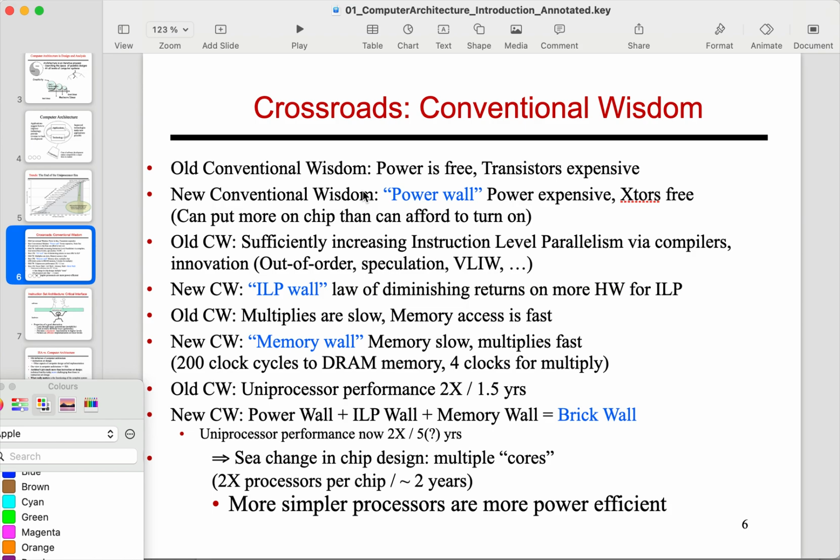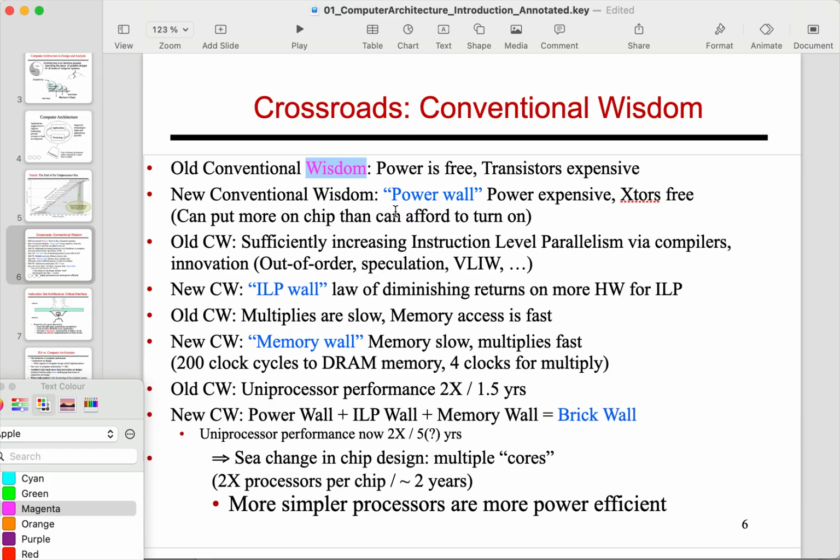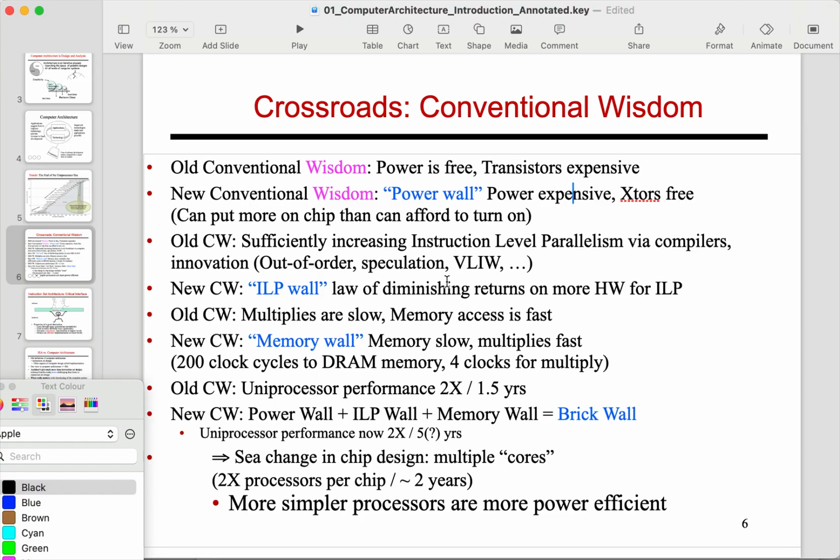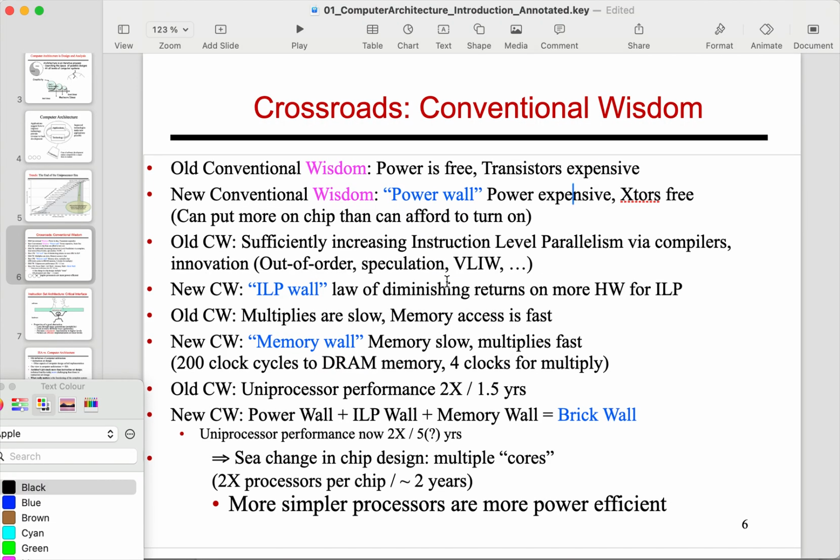So here are some conventional wisdoms. Here's the first wisdom: power is free, transistors are expensive. Here is the new wisdom: power is expensive, transistors are free. So things change.